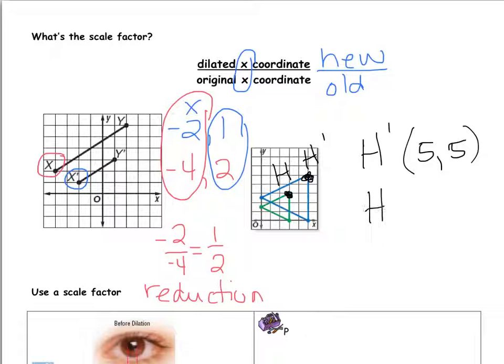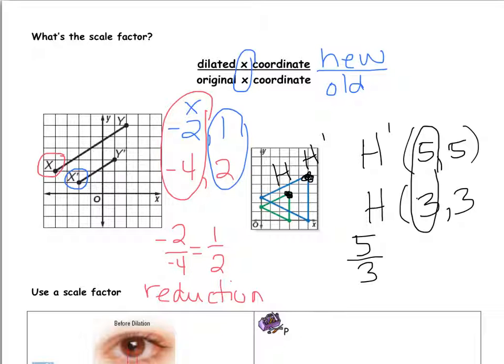And the original is 3, 3. And so if I'm looking at just either x or y will work like we said. So it looks like the scale factor is 5/3. Or in other words, 1 2/3 times bigger, because remember we went from green to blue. So that is going to be an enlargement.